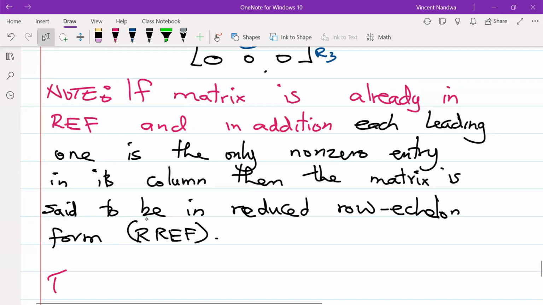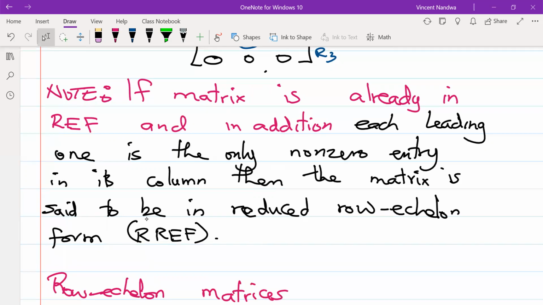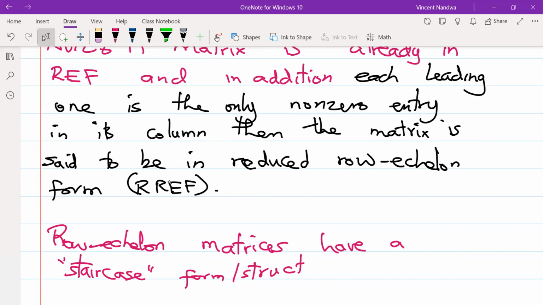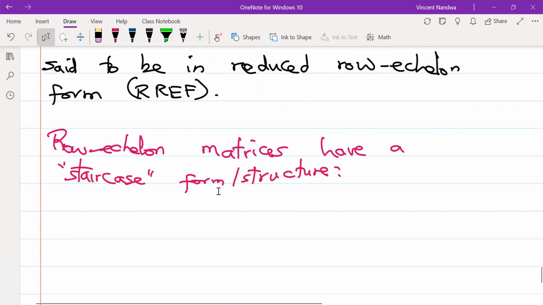So row echelon form matrices have this particular structure.